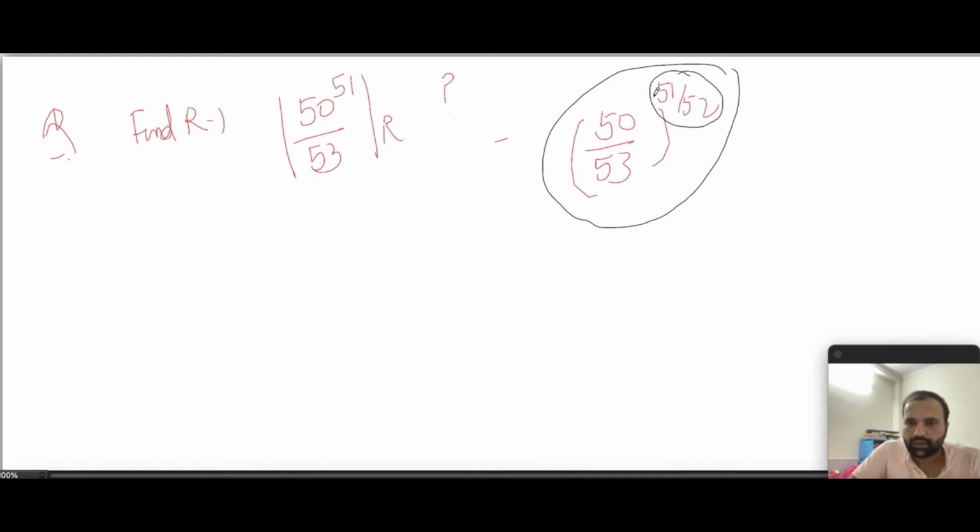Over here, this 51 is in itself less than the divisor, isn't it? So 51 is the ultimate remainder, so it should be 50 by 53, because 51 is the remainder over here. Now understand what I'm trying to tell you here.